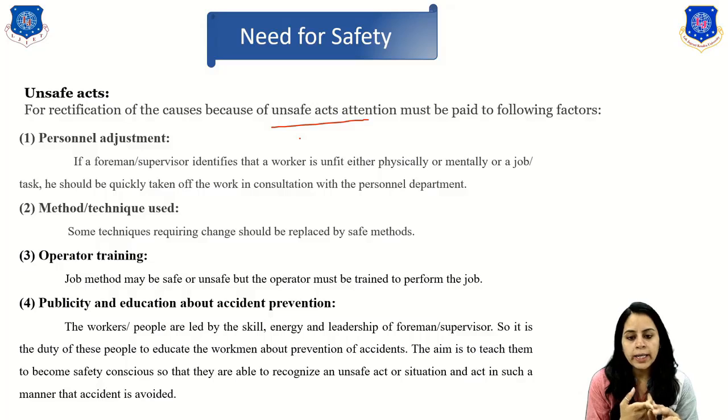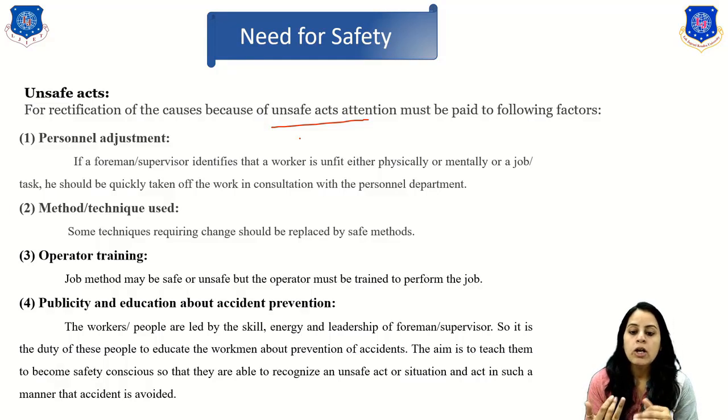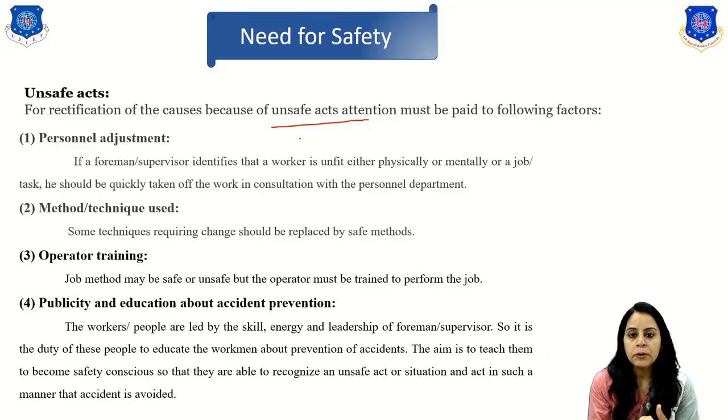Then method or technique used: it means that a technique requiring change should be replaced by a safer method. Then operator training. The job method may be safe or unsafe, but the operator must be trained to perform this particular job or this particular machine. Then publicity and education about accident prevention.